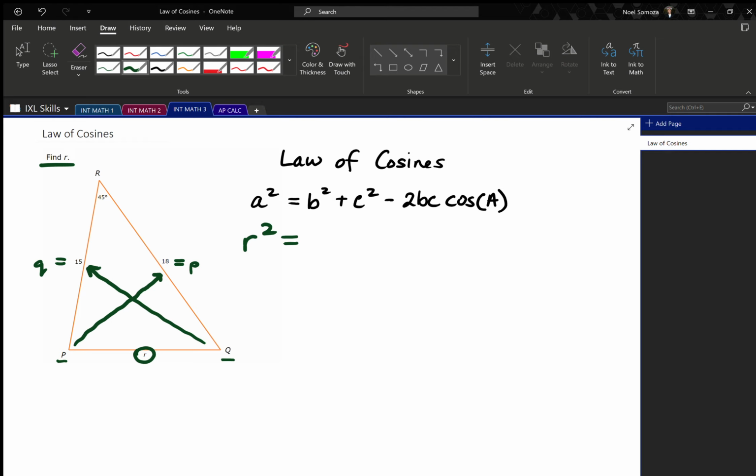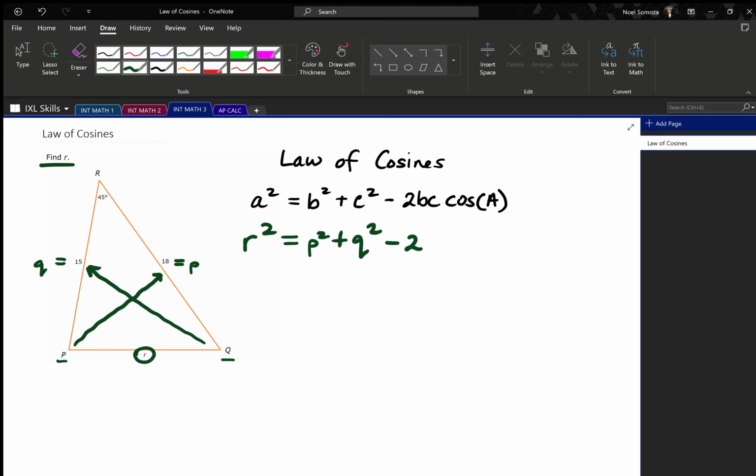I'm going to let B become my new P, so this is little p squared, plus little q squared, right? So all of my lowercase letters are the sides of my triangle. Okay, so I need to replace those first. Minus 2 times little b.